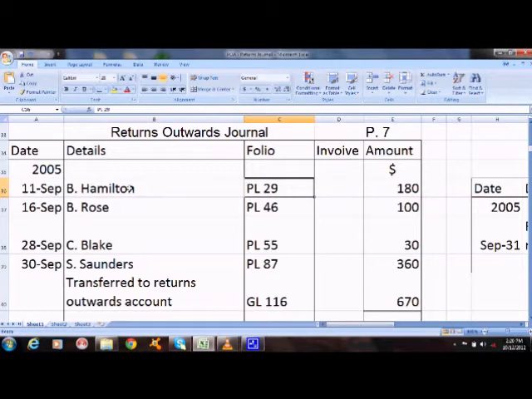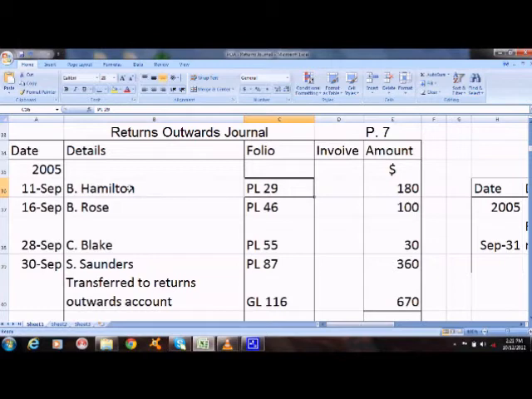On September 16, we have returned goods valuing $100 to B Rose. On the 20th of September, we have returned goods valuing $30 to C Blake. And on the 30th of September, we have returned goods valuing $360 to S Saunders.